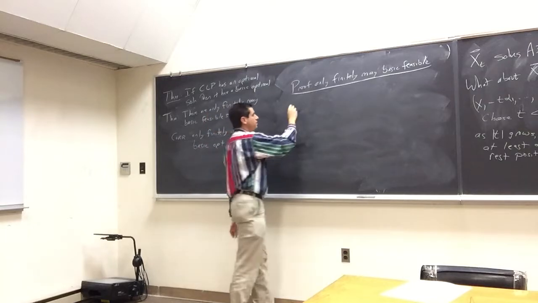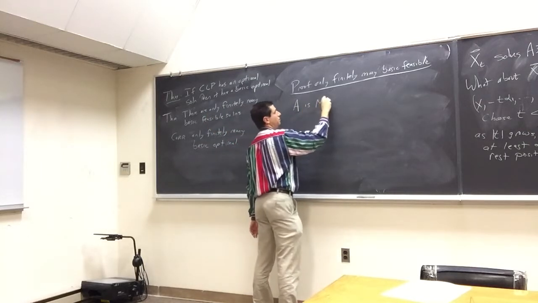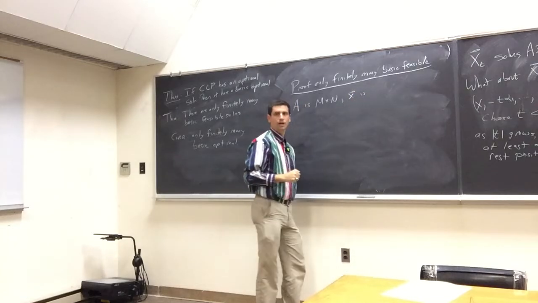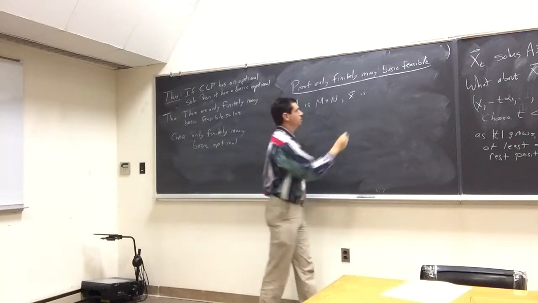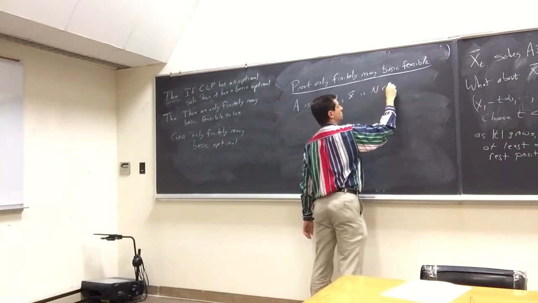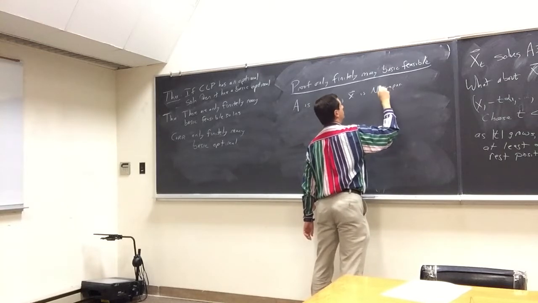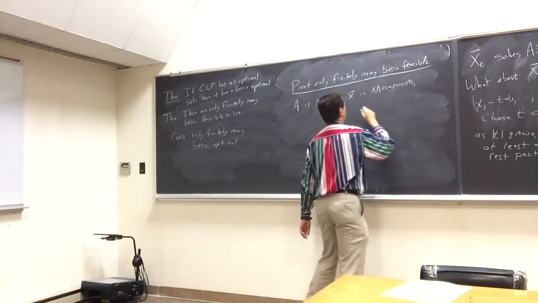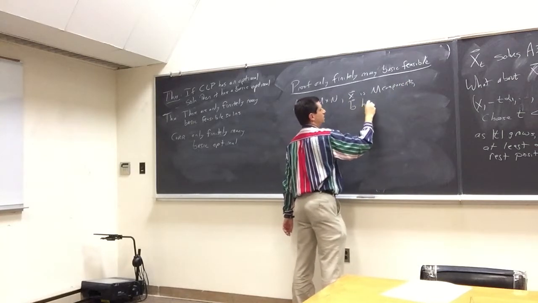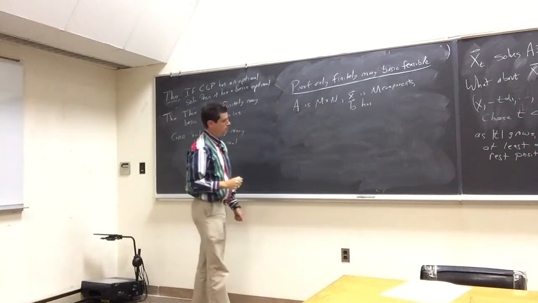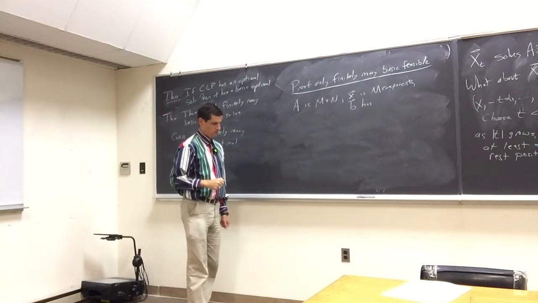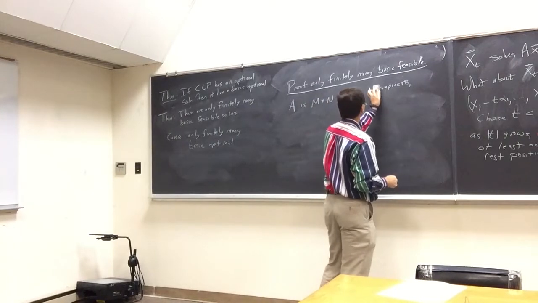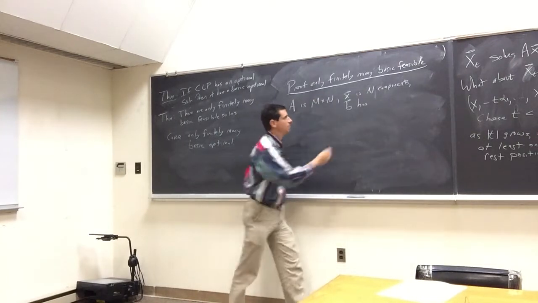So we have A is m by n. x is, how many components does the vector x have? It has n components. B has m components.